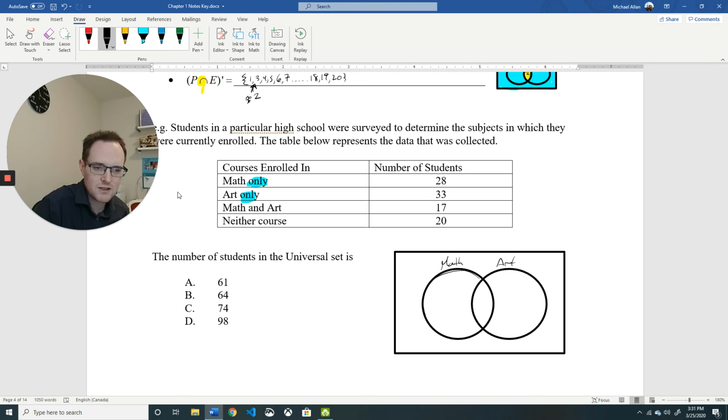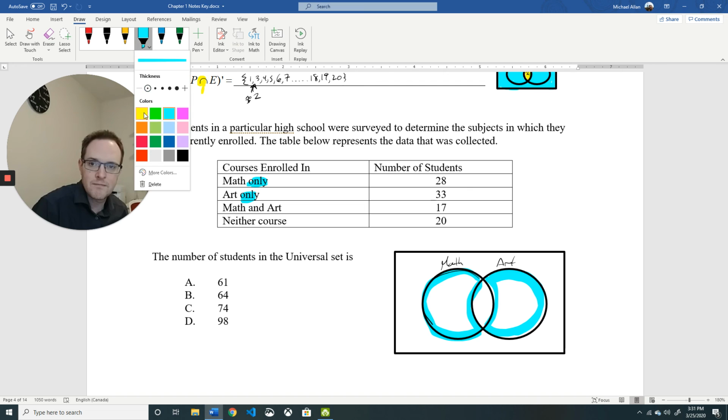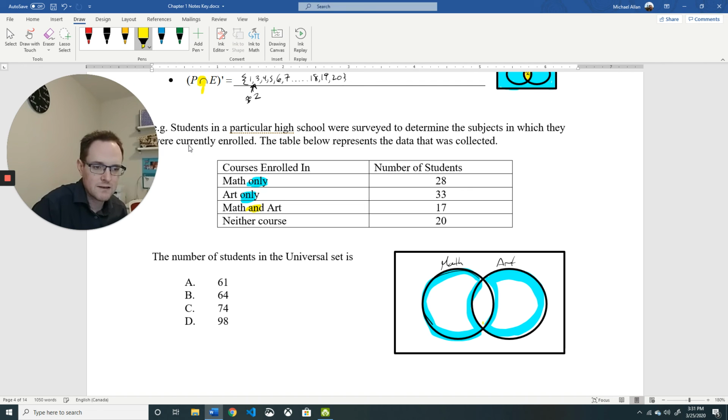I'll just highlight that little Pac-Man shape here. This is the only math piece, right? On the other side, this is the only art, right? So if I said math and art at the same time, or and, that's that piece that's in between. So this is the and section.